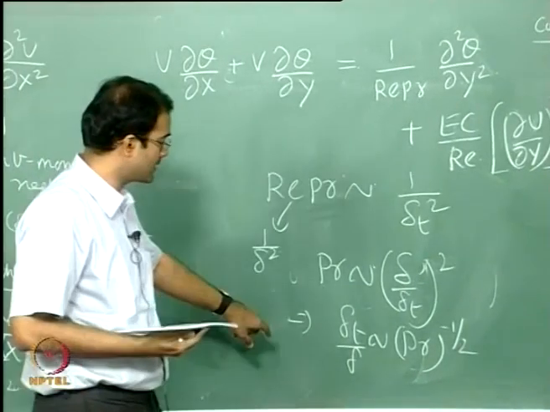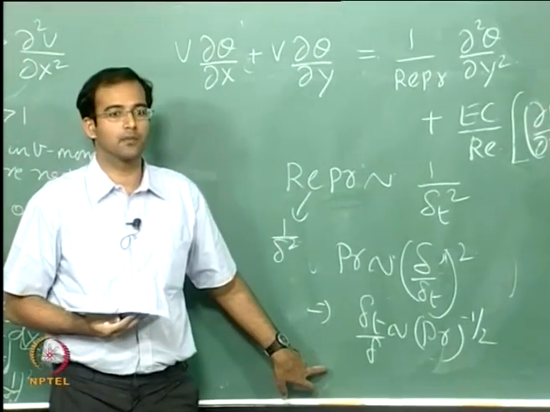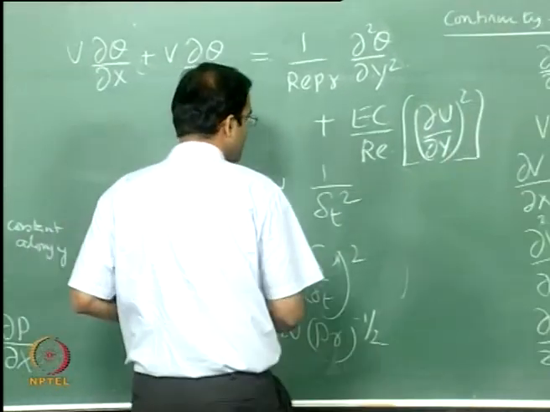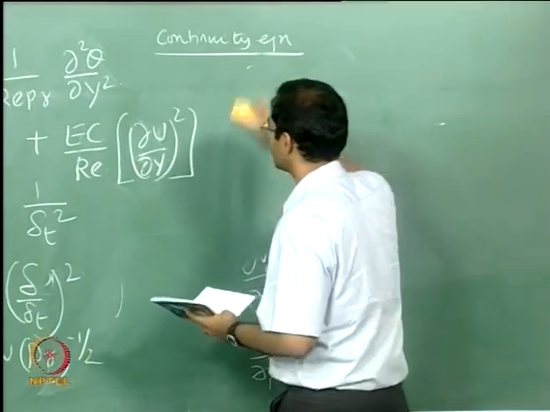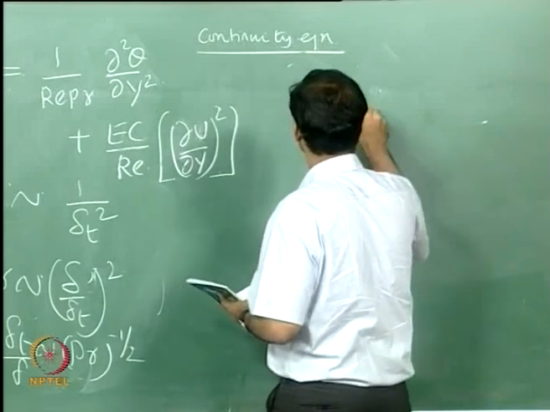So this is the relationship between the ratio of your thermal boundary layer thickness to momentum boundary layer thickness with the Prandtl number. Okay, and what should be the order of magnitude of Eckert number by Reynolds number?